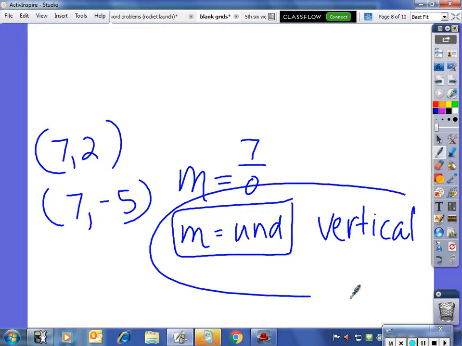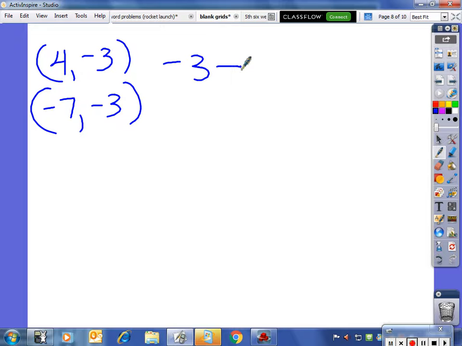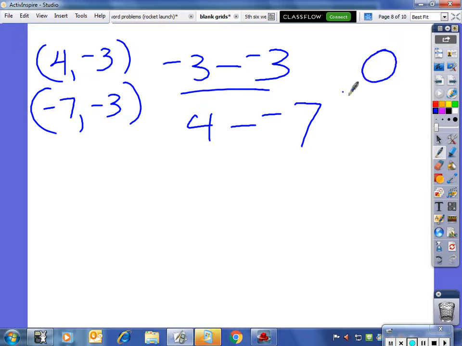So I would expect to see these two things right here. Yes. All right, what about this? 4, negative 3, negative 7, negative 3. I'm getting 0 over 11, or you might get 0 over negative 11, but the whole slope is what?